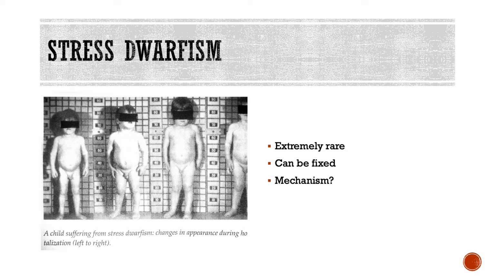The way it does this is by releasing either a stimulatory hormone or an inhibitory hormone to increase or decrease levels of growth hormone in circulation. So with stress dwarfism, there's too much release of the inhibitory hormone, which is obviously going to cause low levels of growth hormone in circulation.